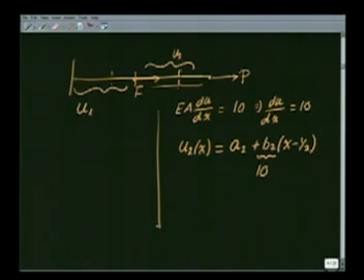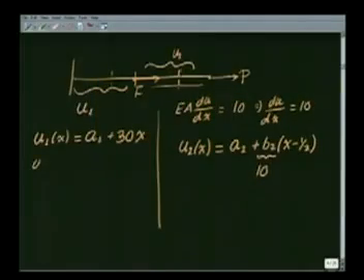Okay. So u1 of x will be such that I will get the slope equal to what? Slope will be equal to F plus P, which is 10 plus 20, which is 30. So u1, if I impose the condition at 0 is equal to 0, is equal to a1.